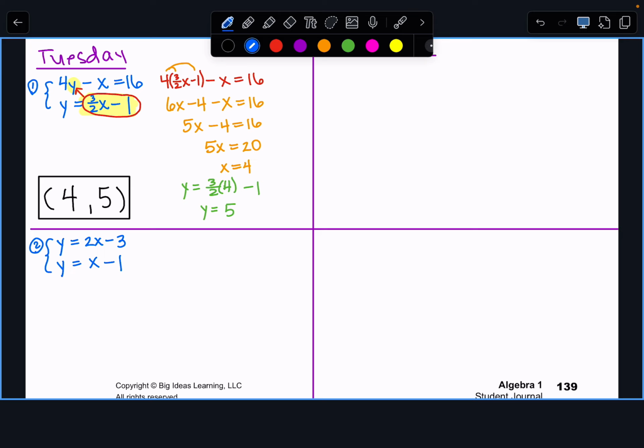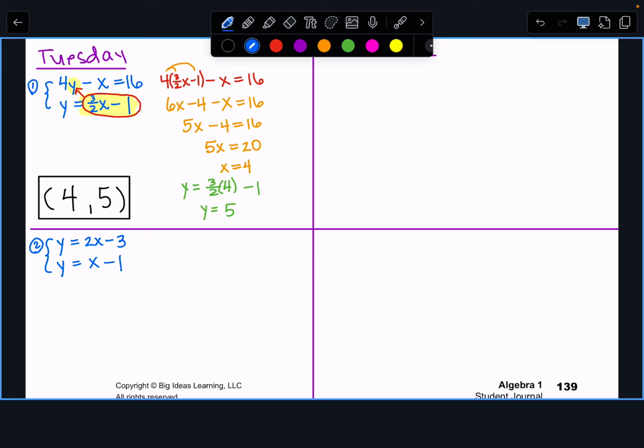What I really want to get at is like up here, one of the equations was solved for y. Down here, what's true? They're both solved for y. So how might we go about this differently? We'd have to find x. We are going to have to find x. But what is our substitution going to look like?